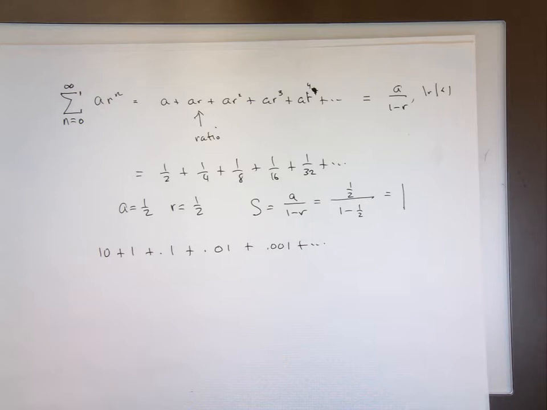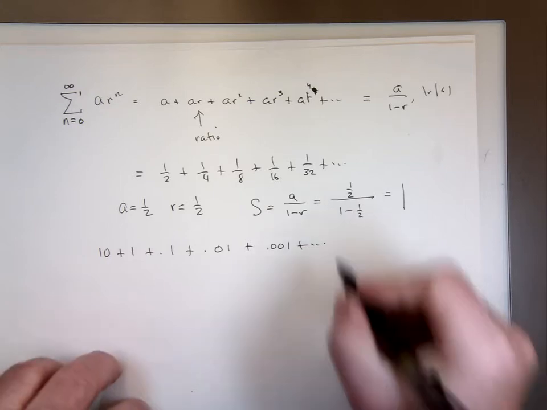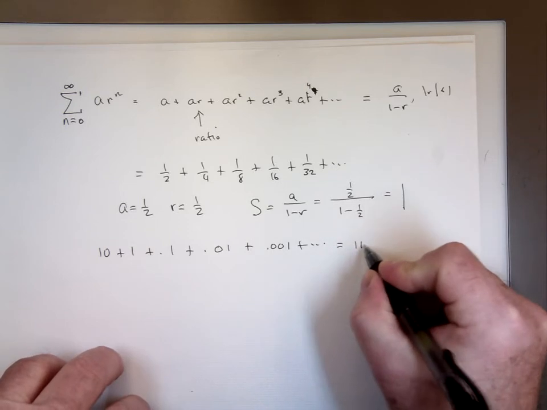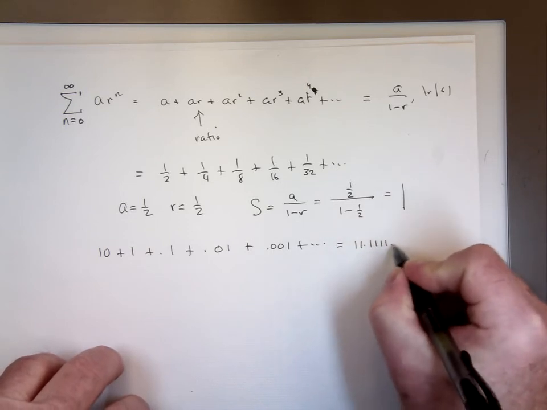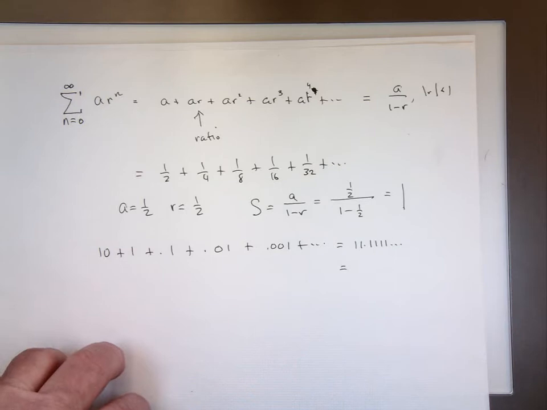You could use the formula for geometric series, but you could also use your brains and say, well, that's 11.1111 repeating, and what's 11.111 repeating equal to? It's a little bit greater than 11.1.